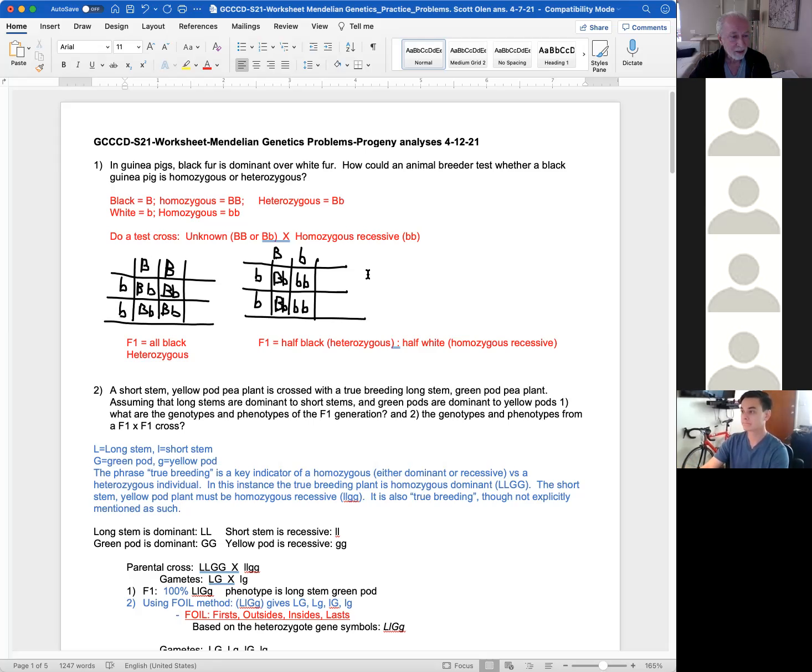If, on the other hand, the unknown is heterozygous, big B, little b, then half of the progeny are heterozygous, and therefore they would be black, and the other half would be homozygous recessive, and they'd be white. So depending on what kind of progeny ratios you get from the test cross, that determines the genotype of the unknown parent.